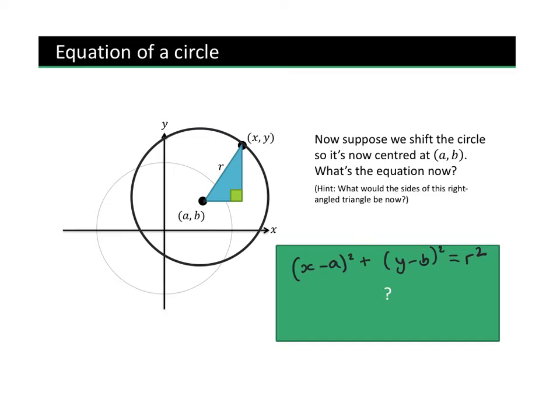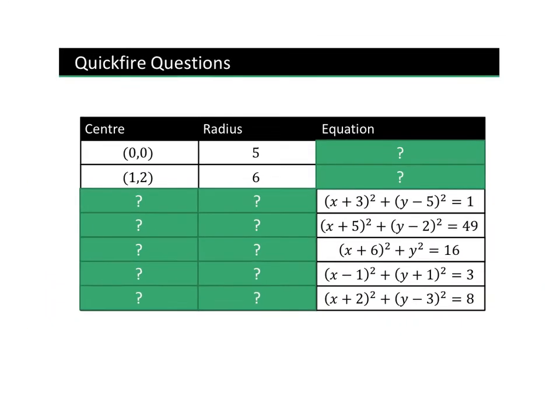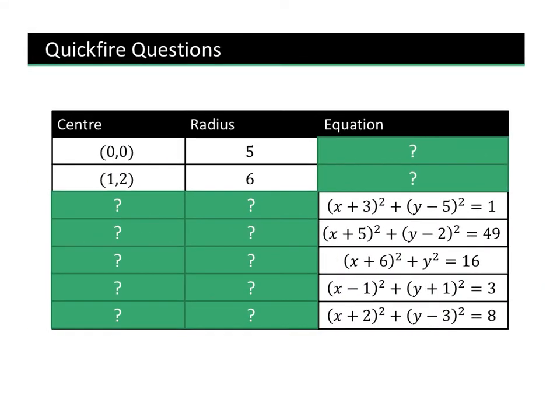So what we're going to do is we're going to write a few equations of the circle. So here we go. If our centre is (0, 0) and our radius is 5, our equation is going to be, now remember it's (x minus a) squared plus (y minus b) squared equals r squared. So in this case, our a and b are the coordinates that we've been given, and it's (0, 0).